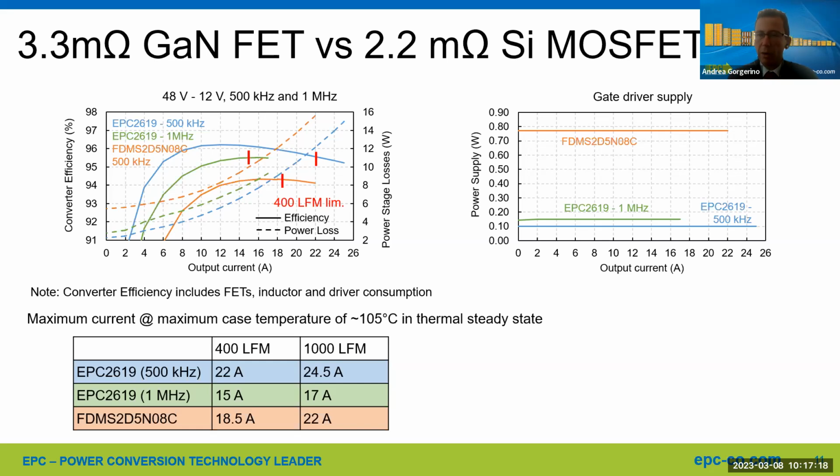You can see here, you go from about, let's call it 0.8 watts down to less than 0.2 watts, even comparing 500 kilohertz and a megahertz. This is an additional loss that you don't even see on the left-hand chart. So again, higher frequency and higher efficiency at the same time. And by the way, I did want to say, this is a 3.3 milliohm versus a 2 milliohm device. And again, this is a higher RDS(on), but still much better efficiency.